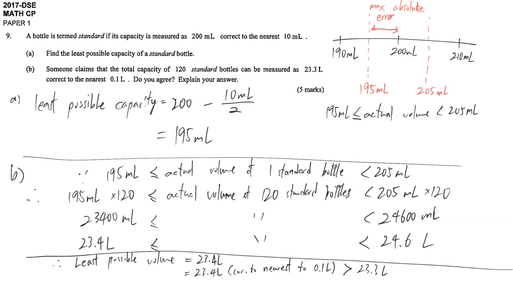That's why we show very clearly that it's impossible. So we should write down: do not agree. Just 23.4 liter is not enough. The key point is you have to show that you use the same criteria. You will find that it can't be 23.3. That's why you have enough evidence to prove that this is impossible.